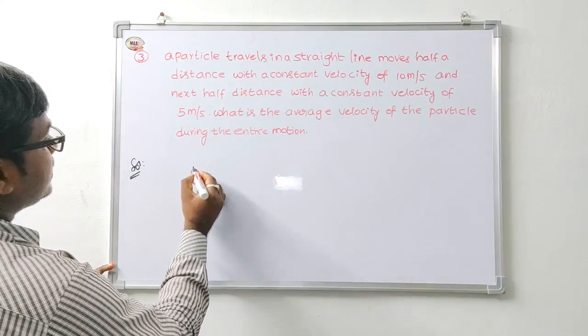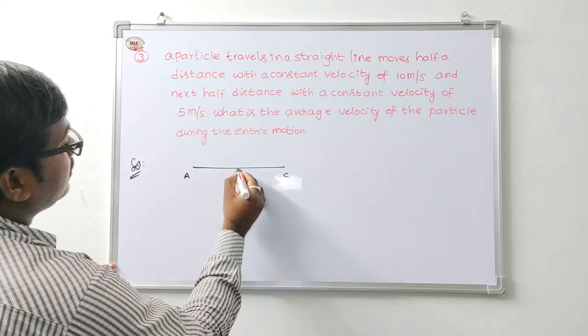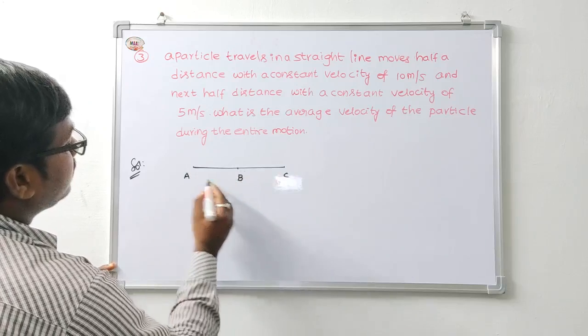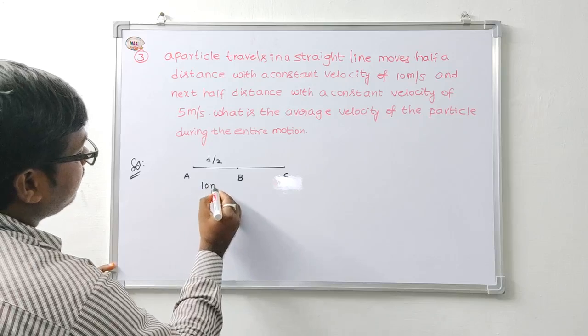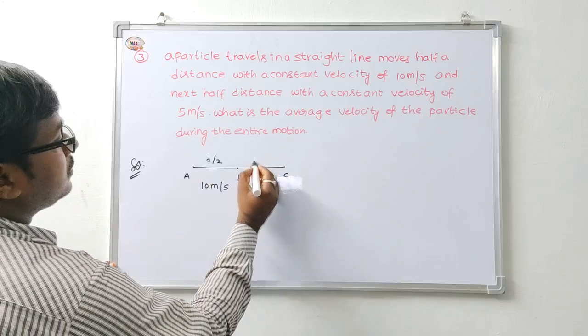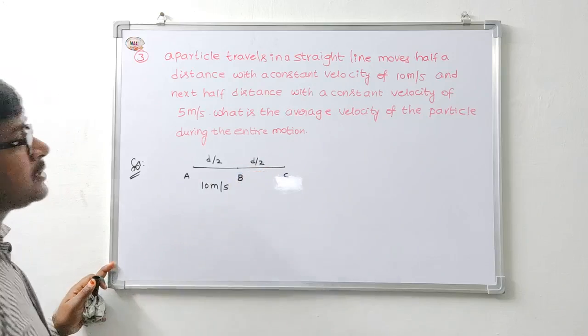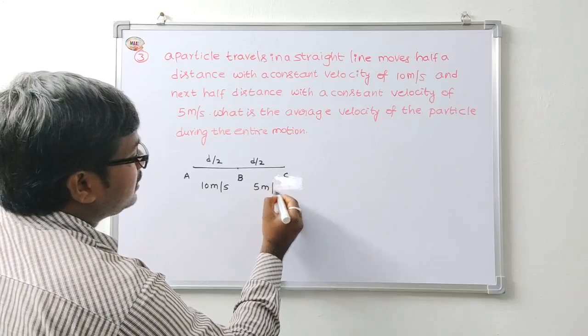The particle starts from A to reach C, passing through B. First half distance d by 2 with velocity 10 meters per second, the next half distance d by 2 with velocity 5 meters per second.